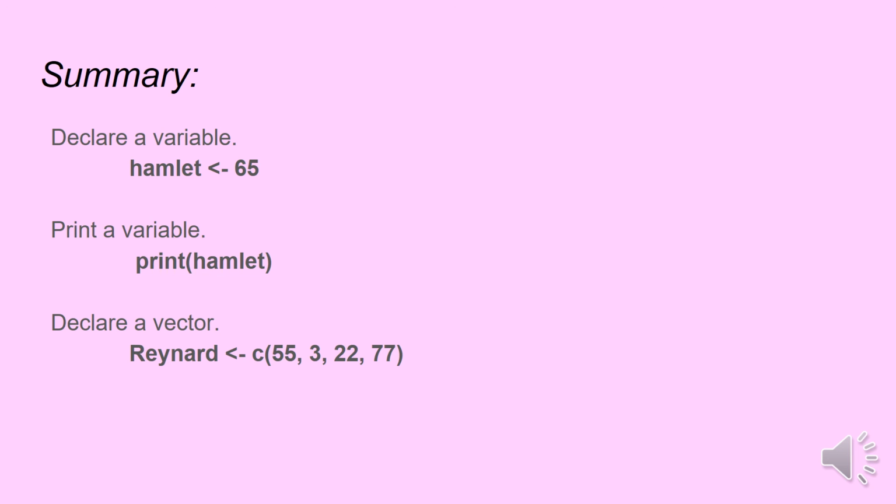Then we declared a vector, Reynard, again using the little angle bracket hyphen notation for arrow, and then C for concatenate, and that command will allow you to group a bunch of numbers separated by commas within parentheses, and then you have a vector, which is a bunch of numbers.